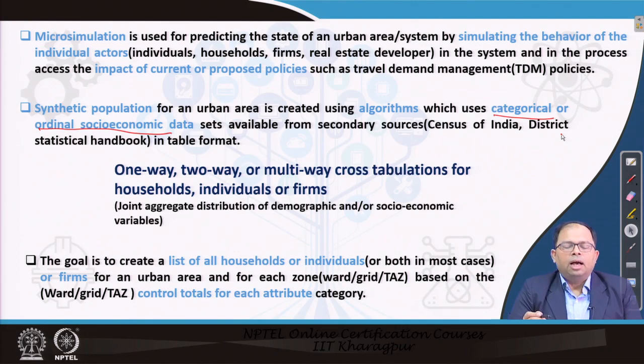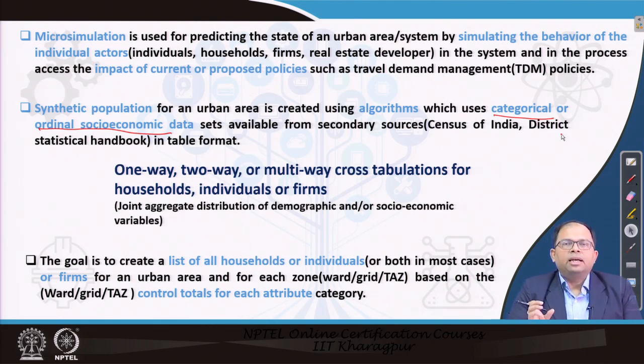For example, gender as well as age group could be a two-way categorization of all individuals of a particular area, whereas if we add education, then we are adding a third dimension. When we add 3 dimensions, there are dependencies, for example between gender and education, and we can develop these control totals.